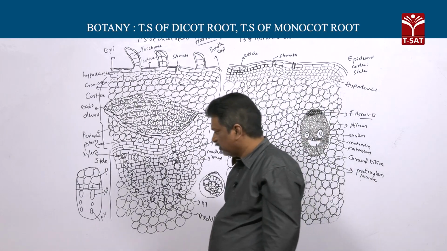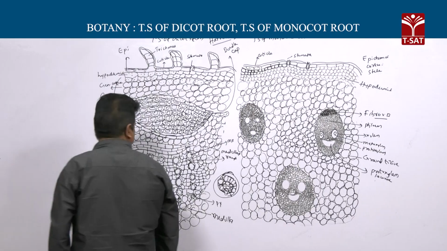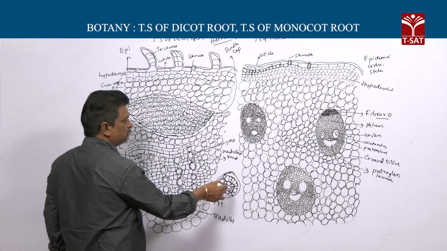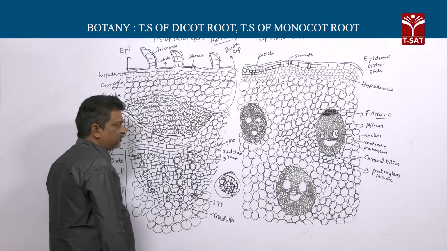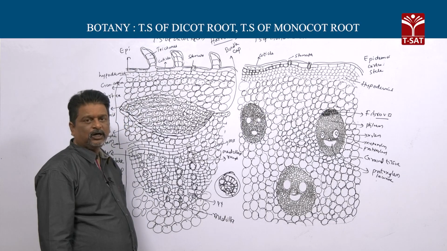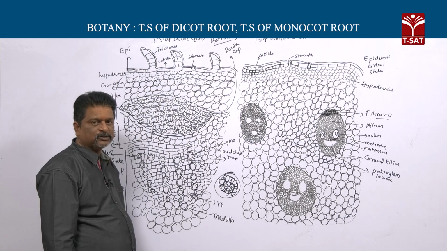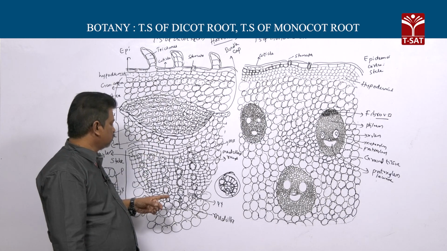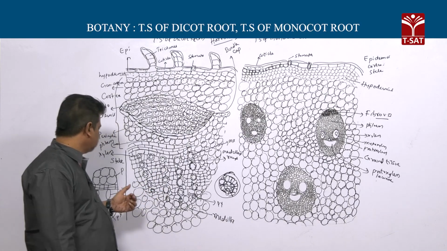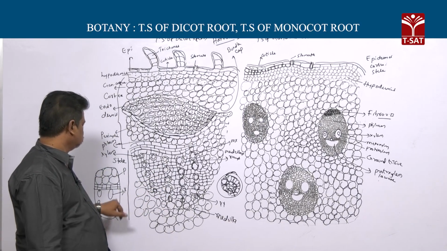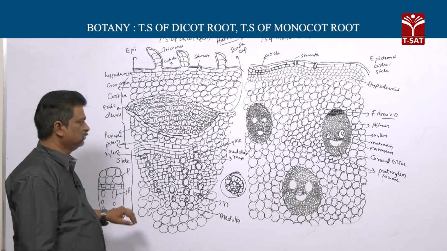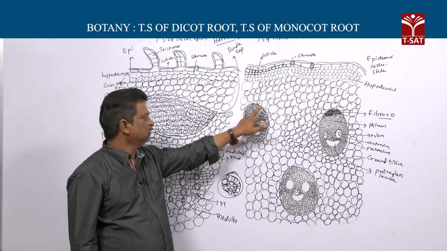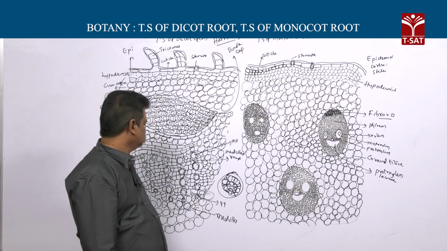Then, dicot stem, that stele is eustele. Eustele means a ring of vascular bundles present, primitive. Monocot stem, that stele is atactostele, scattered vascular bundles present. Then, in dicot stem, vascular bundles generally wedge or top shaped. Monocot stem, these vascular bundles oval in outline.